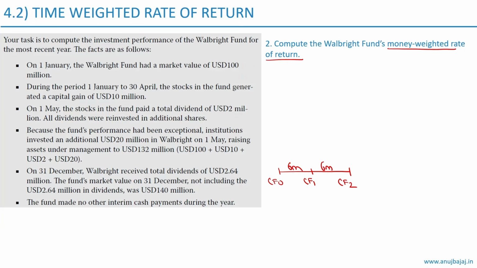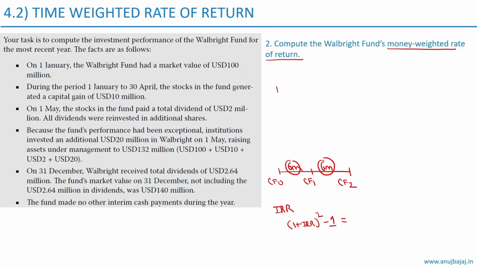So when you enter the data into the calculator, you get IRR for the 6 months period, that is IRR per period. And if you want to annualize the return, you take 1 plus the IRR and square it and subtract 1, and you will get the money weighted rate of return for the entire year. So IRR is always per period.